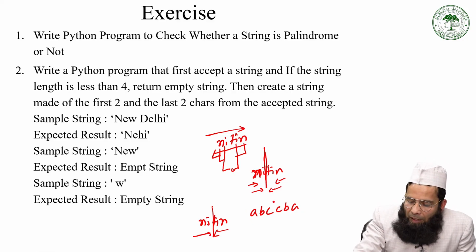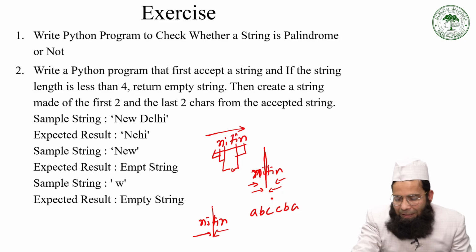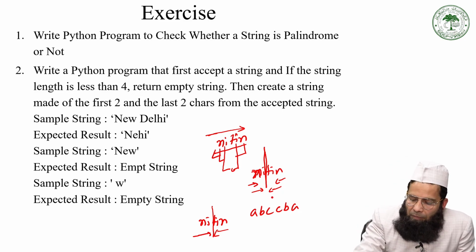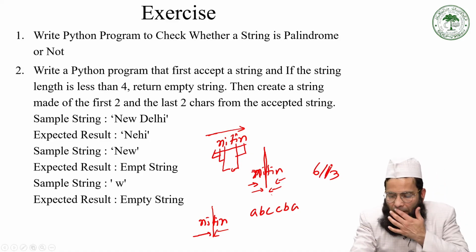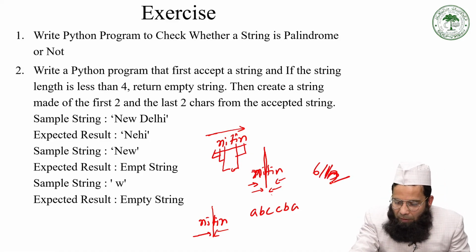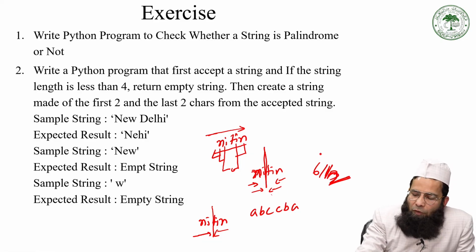So what I will do is traverse till the mid of the element. The length is 6, so 6 integer division 2 would give me 3.